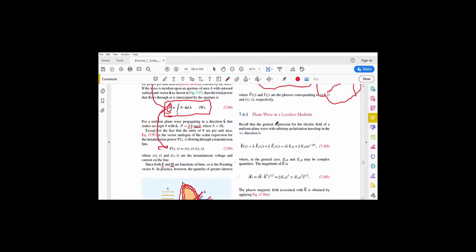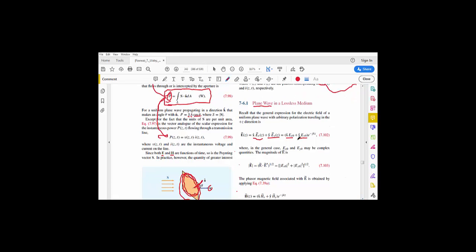As we said, in a plane wave the electric field is expected to have two components, X component and Y component, both of them shape a plane wave, and this plane wave propagates in the Z direction.